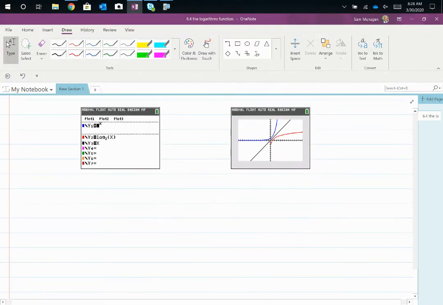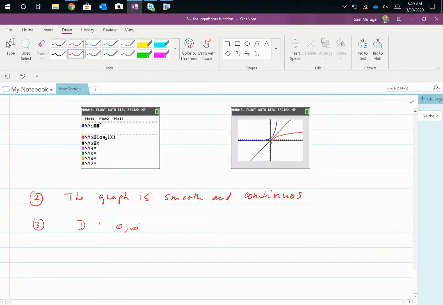The second attribute of the logarithm function is that the graph is smooth and continuous. And of course, I mentioned the domain: the domain is 0 to infinity, and the range is negative infinity to infinity.